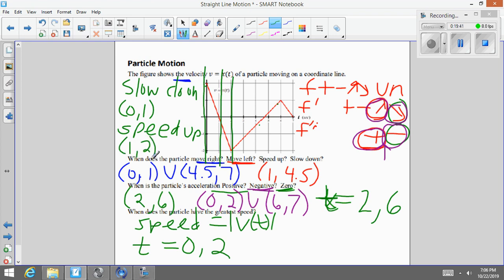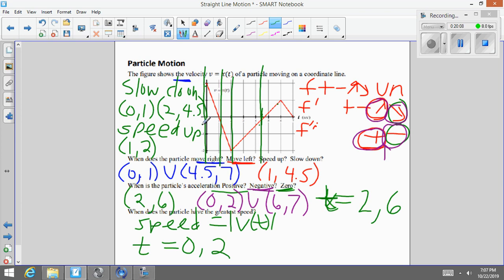Okay, now let's look at 2 to what I was estimating to be about 4.5. Velocity is negative, but acceleration is positive because the graph is increasing. So in that case, the particle is slowing down from 2 to approximately 4.5.